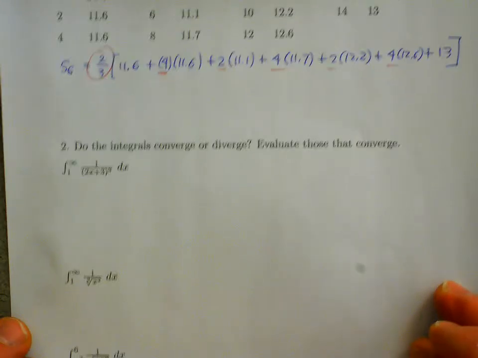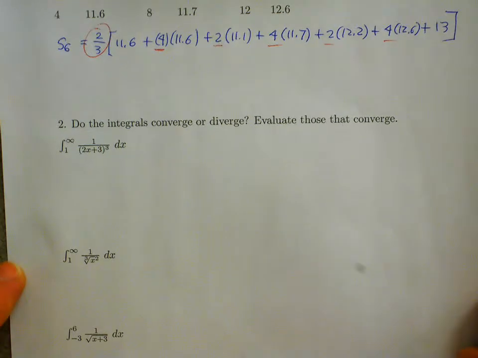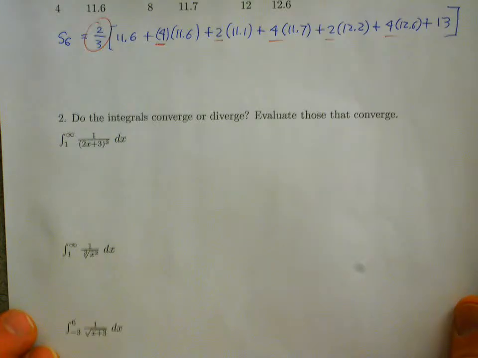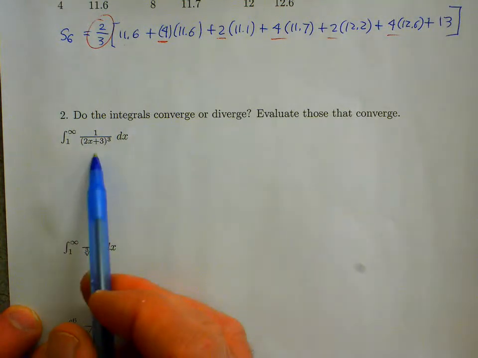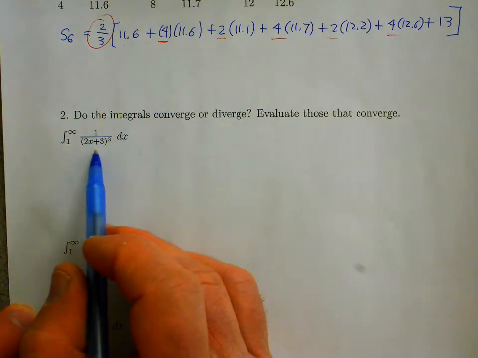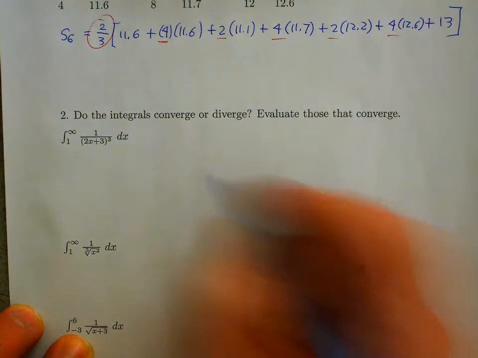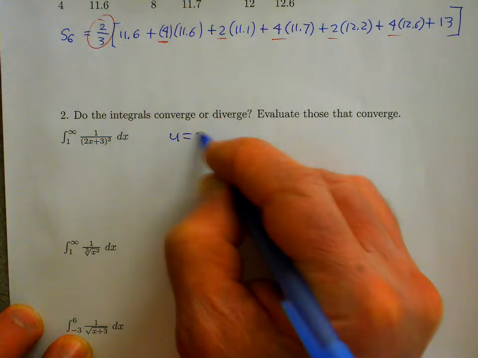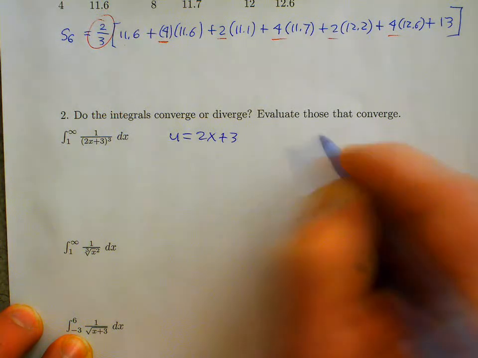Okay, for problem number 2, do the integrals converge or diverge, and evaluate those that converge. On this one, you can change variables if you want. You can assign u to be equal to 2x plus 3.